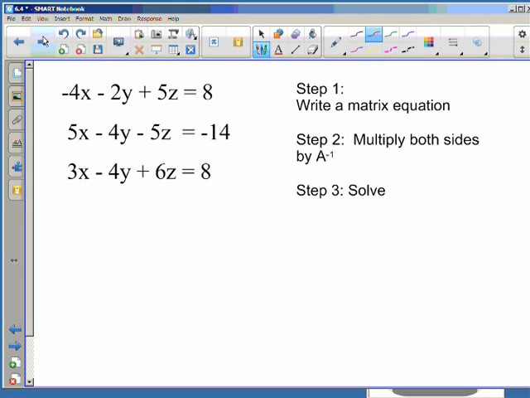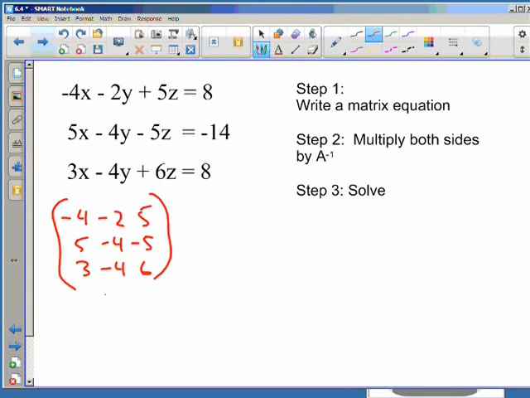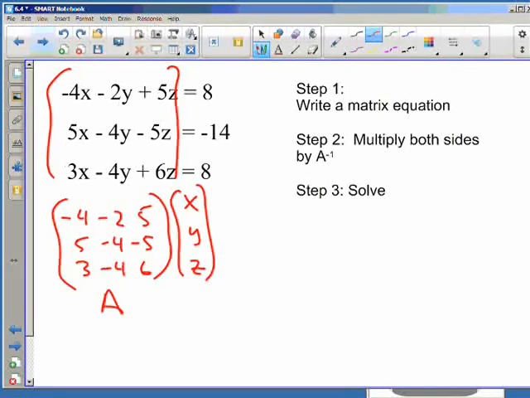So in the graphing calculator, we're going to type in -4, -2, 5, 5, -4, -5, 3, -4, 6, and call this matrix A. Then we'll have our variable matrix x, y, z, and if you do that multiplication, you see we get this left side. That's going to equal 8, -14, 8.